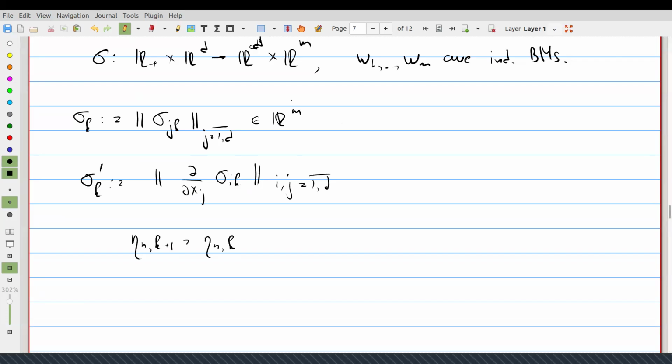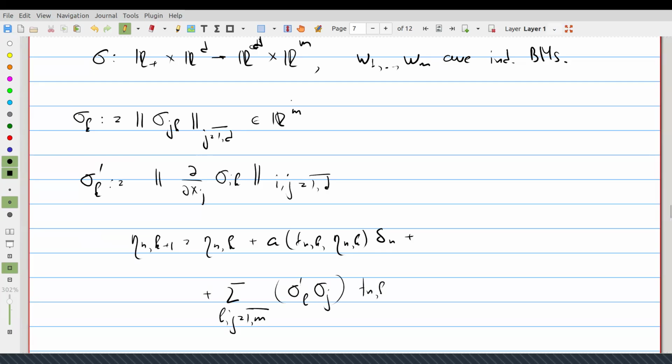This is a d-dimensional scheme: eta_{n_{k+1}} = eta_{n_k} plus a(t_{n_k}, eta_{n_k}) delta_n plus sigma dW plus a sum over l, j from 1 to m of the product of two matrices, sigma_l' sigma_j, calculated at t_{n_k}, eta_{n_k}.